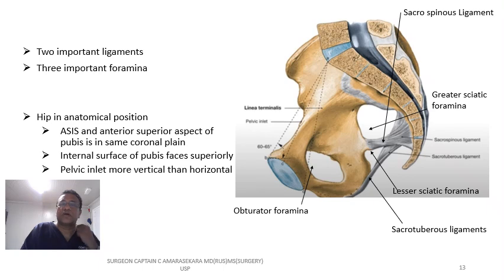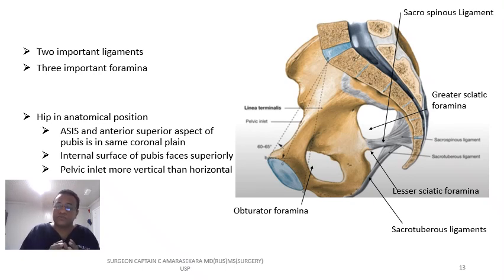These foramina are key landmarks in nerve blocks, pelvic surgery and trauma assessment. Misalignment or injuries to these ligaments can affect pelvic stability and also neurovascular integrity.